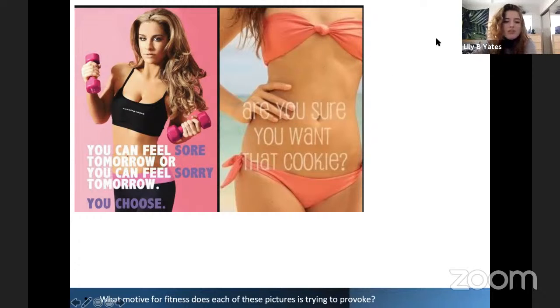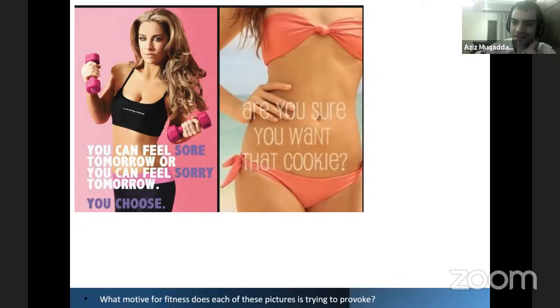The second image is trying to induce guilt about food. Yes, so that's a classic example. And the first one is, you remember the first motive?